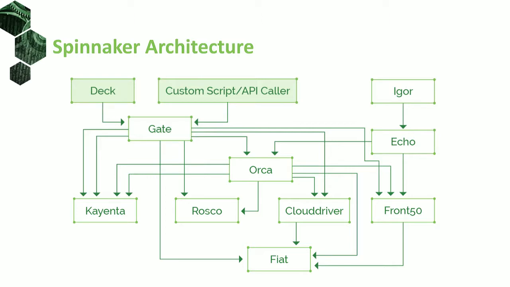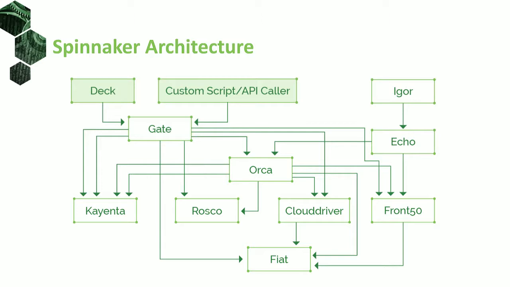Then Echo is Spinnaker's event bus, and it supports sending notifications, like we're using Slack, or email, HipChat, or just text messages. It also processes incoming webhooks from services like GitHub, for example. Then the two remaining ones are Fiat, which is Spinnaker's authorization service, and it is used to secure user access permissions for accounts, applications, and service accounts.